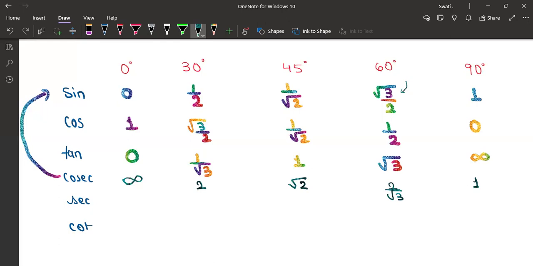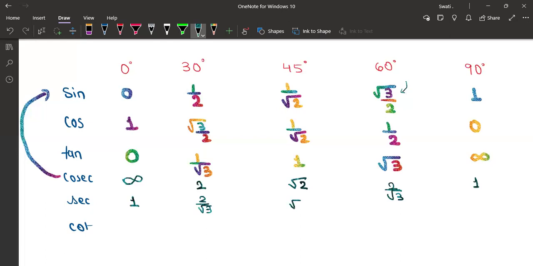You know that sec is the reciprocal of which trigonometric identity? 1. That is correct. Next, sec 30. Root 2 upon root 3. Correct. Sec 45. Root 2.